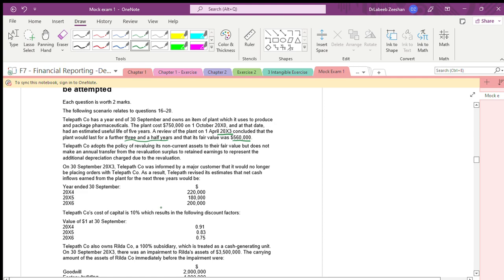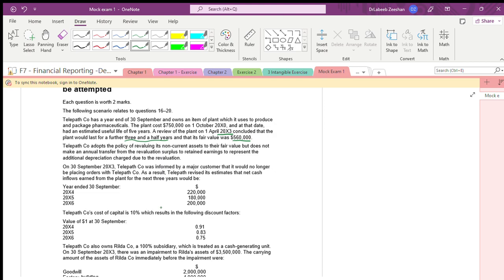Telepath adopts a policy of revaluing non-current assets to their fair value, but does not make annual transfers from the revaluation surplus. Revaluation means you have to calculate depreciation on the revalued amount.